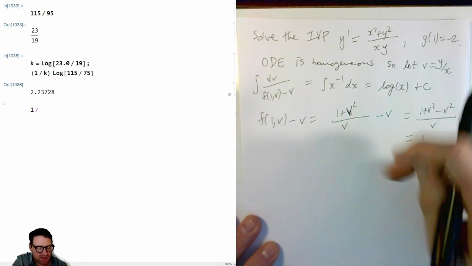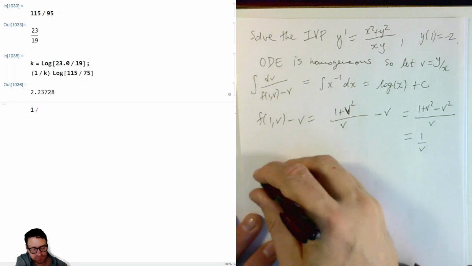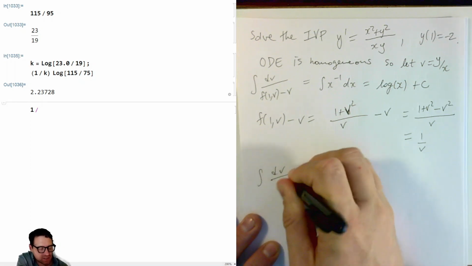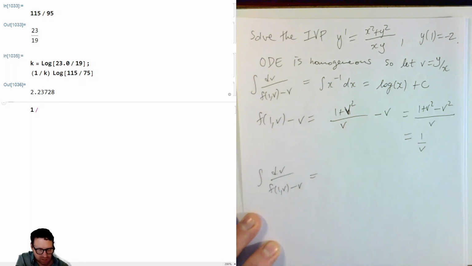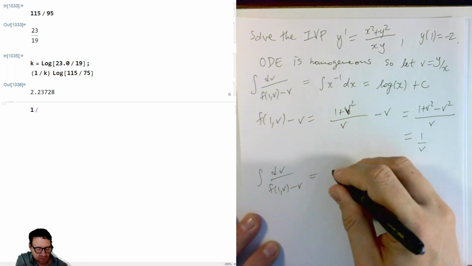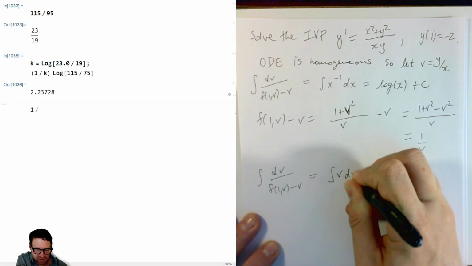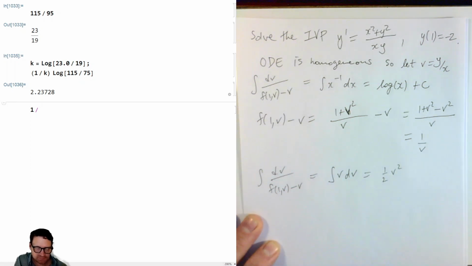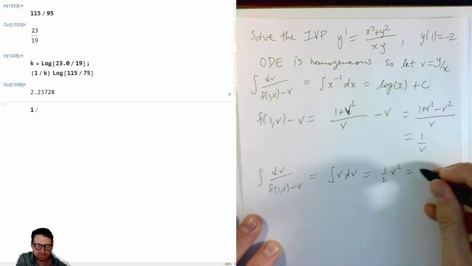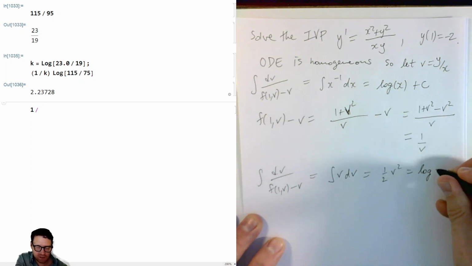And so inverting that and putting it in here, we've got dv over f of 1 comma v minus v. This is the integral of v dv. So 1/2 v squared equals this, log of x plus c.